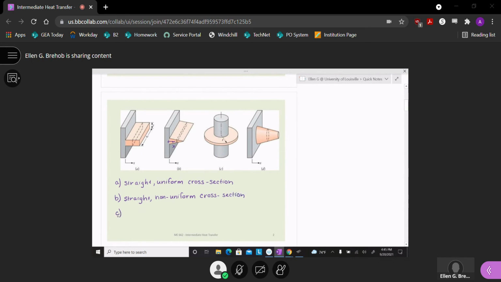C is an annular or radial fin. And this one you can think about too, its cross-sectional area is changing. So as we move away, now we're moving in the R direction.